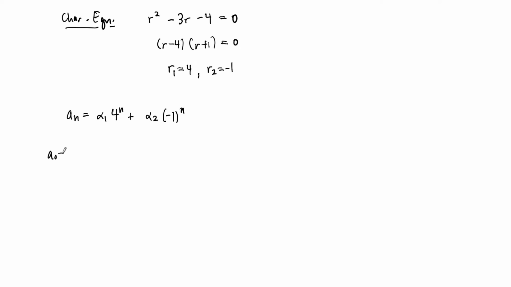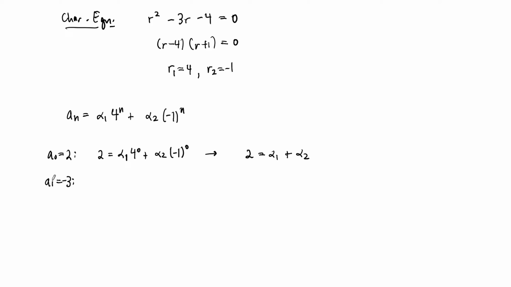So let's plug this information in and see if we can find alpha 1 and alpha 2. a naught equal to 2 told us that 2 is equal to alpha 1 times 4 to the 0 plus alpha 2 times negative 1 to the 0. And of course, this just becomes 2 is equal to alpha 1 plus alpha 2. So there's one equation. The other equation we were told was that a sub 1 should be equal to negative 3.